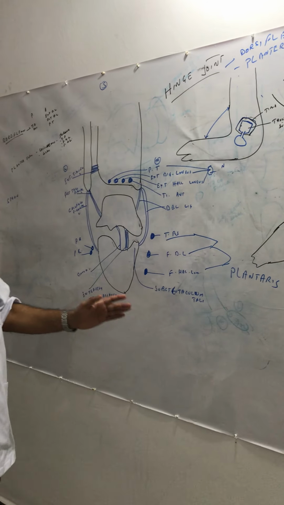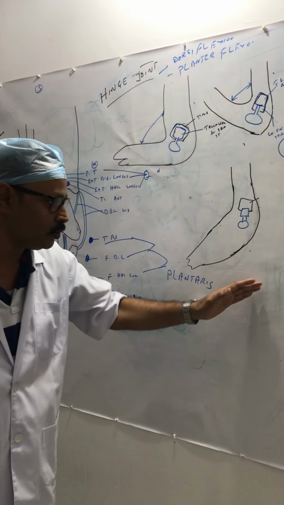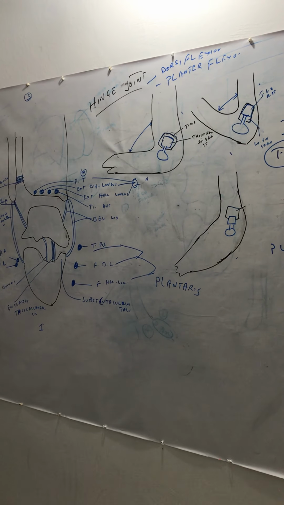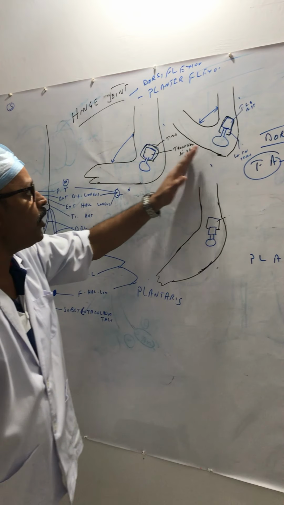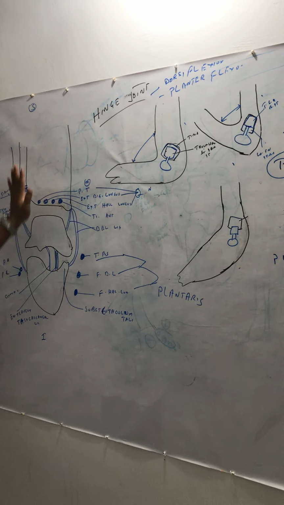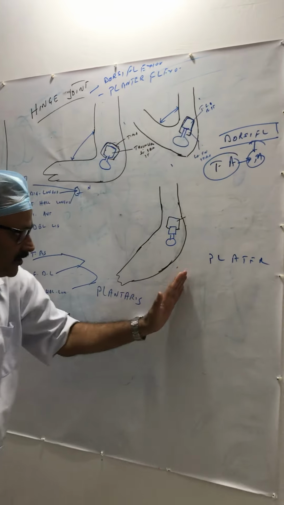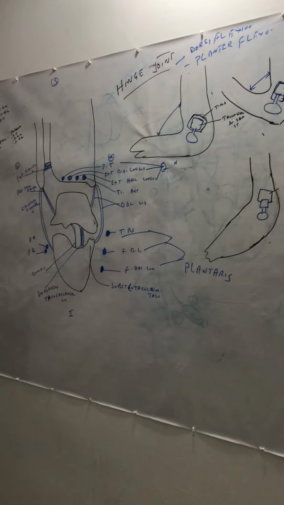So this is all about the movement of the ankle. Dorsiflexion is produced by the muscles on the anterior part, and plantar flexion by the muscles on the posterior part of the leg.